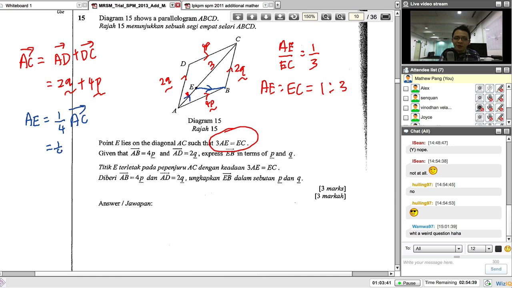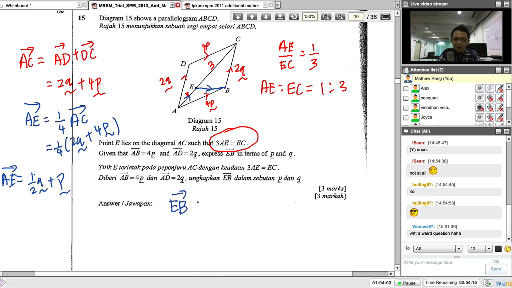AC is 2Q plus 4P. Multiplying by 1 over 4, I get 1 over 2 Q plus P. This is AE. I must write the arrow so I can get EB easily.